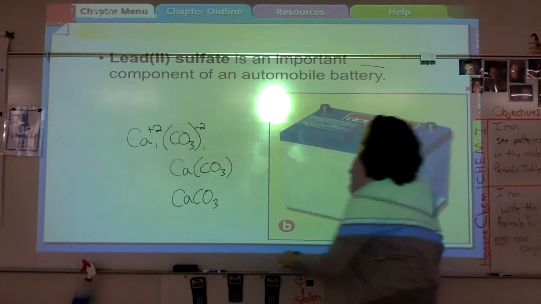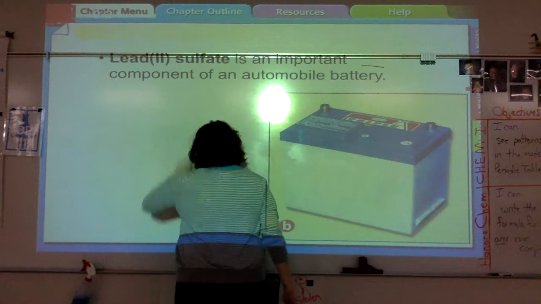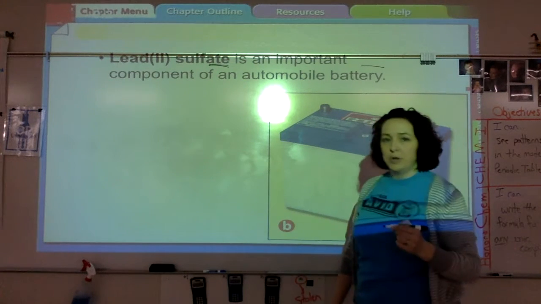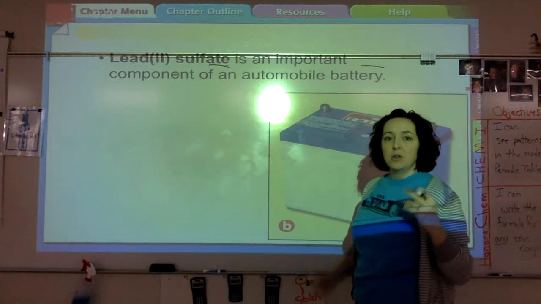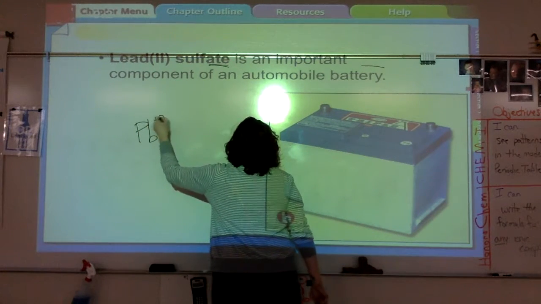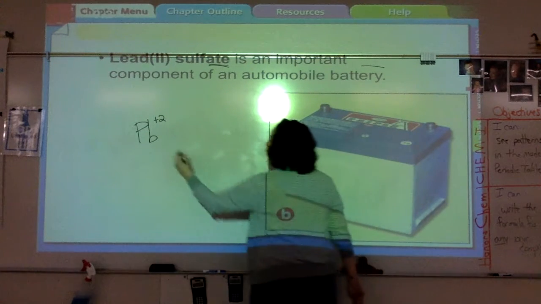All right, let's do lead 2 sulfate. All right, so this one has a poly because of the ate, but it also has a Roman numeral. So there's a lot to think about. So lead 2, Pb +2, sulfate, ate, look that up.